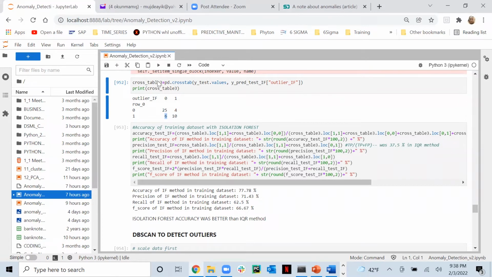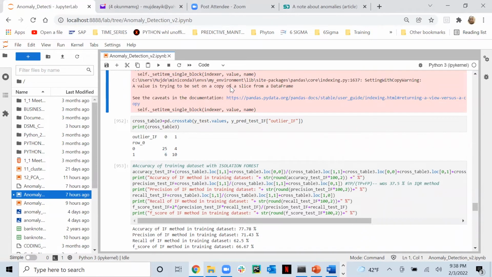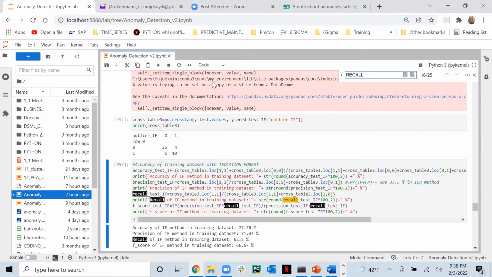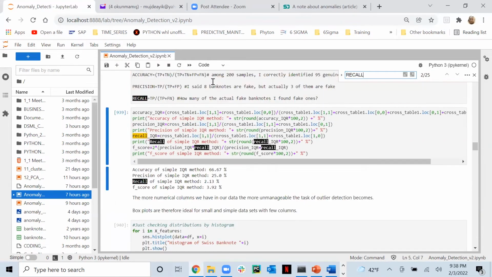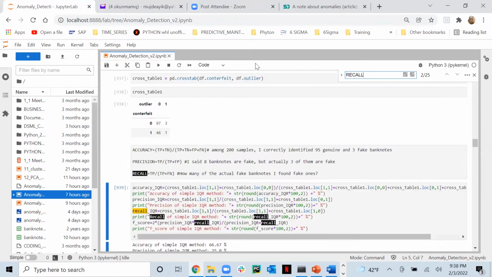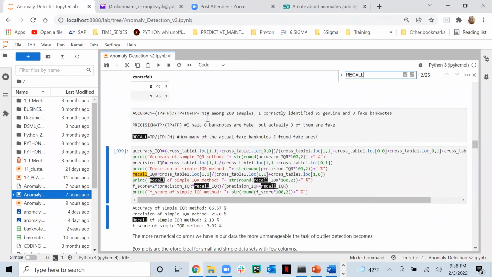I know I will always get confused about these things. Those 6 cases are false negatives, and they are more expensive with cost, because you were not able to detect them. Because they are fake banknotes, it creates financial problems. False positives are like false fire alarms. You just go out and come back. There is no big deal.